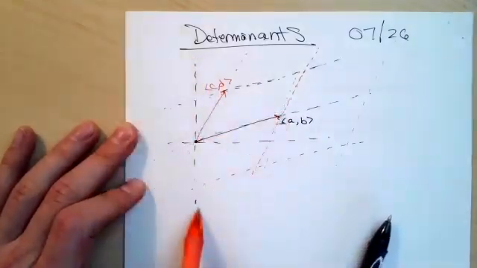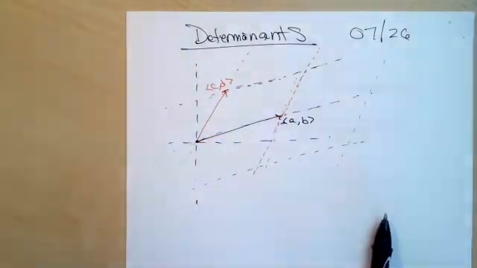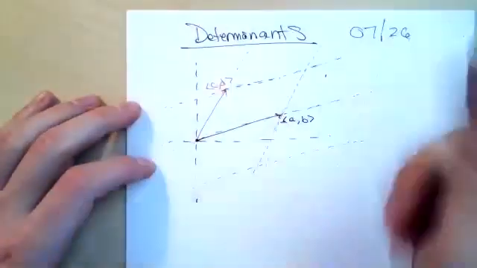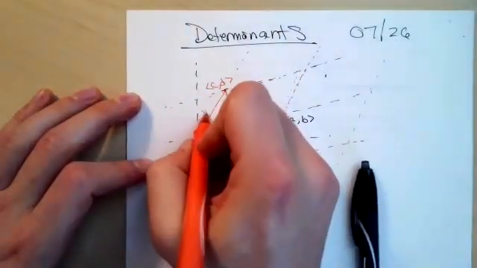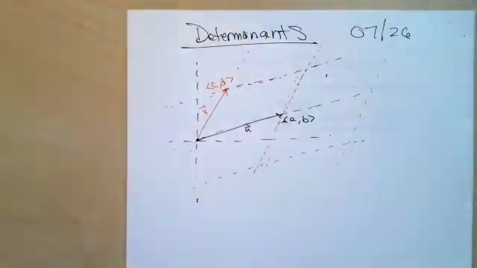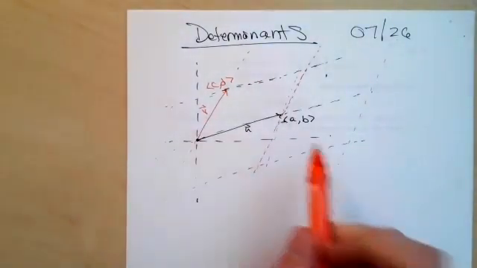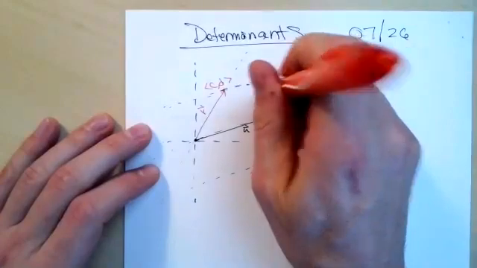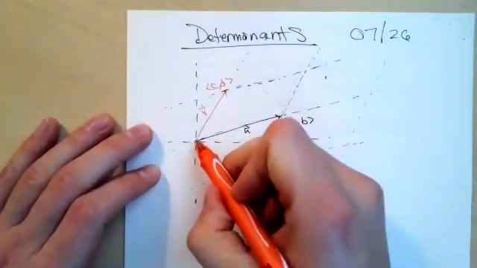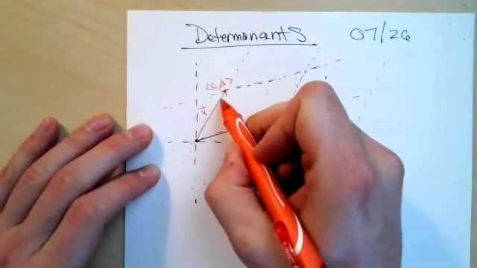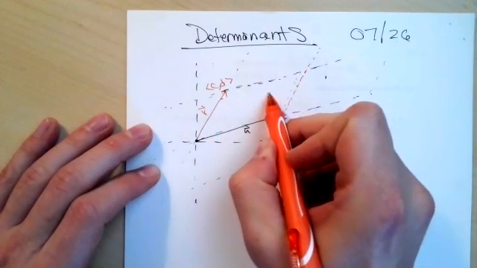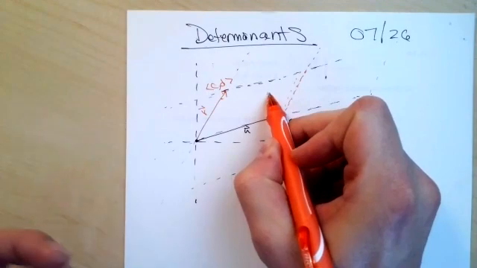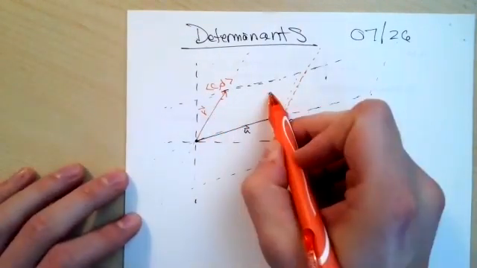So rather than the typical XY coordinate plane, now we have, let's call this U and V, vector U and vector V. So we have a UV coordinate plane. And any point in the plane, whether we're here or here, I can go a certain multiple of V and then add on, walk in the direction of U, a certain multiple of U, and we can get to any point in the plane.